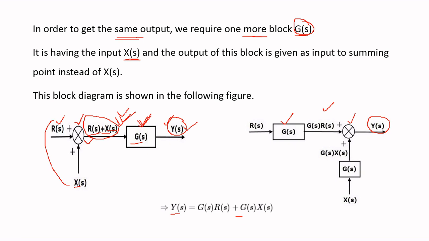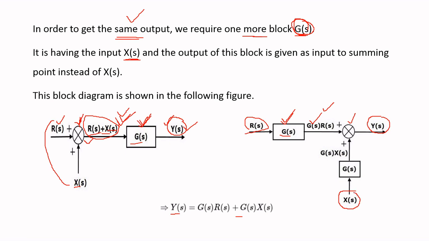Similarly, if we shift this summing point after the block, we require one more block in order to get the same output. This is the representation with the summing point after the block. Here r of s is the input given to g of s, so the output of this block is g of s into r of s. Here this is x of s.